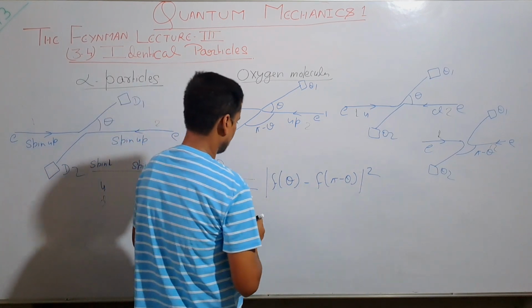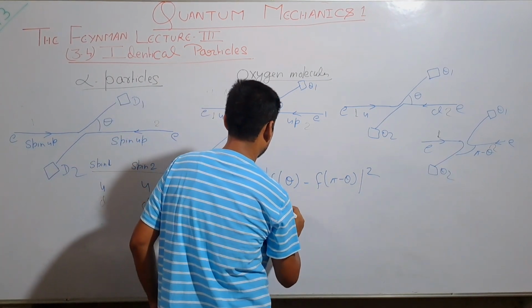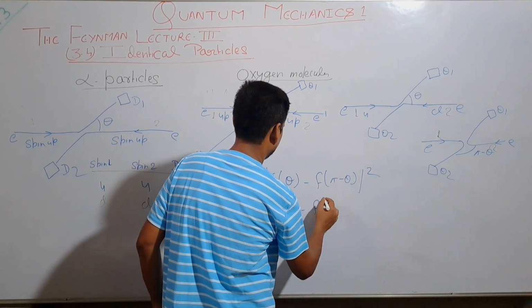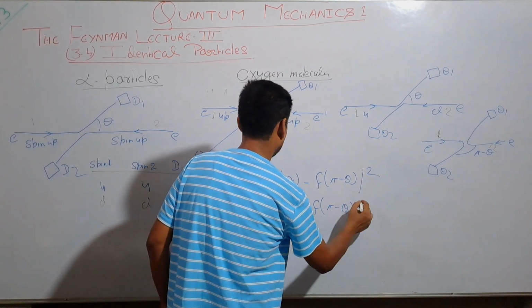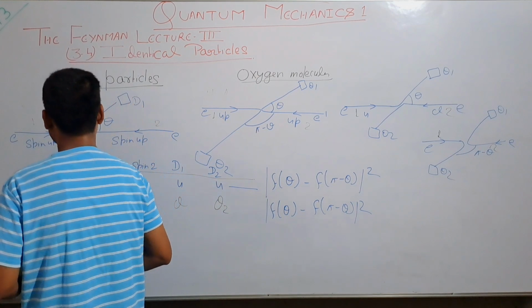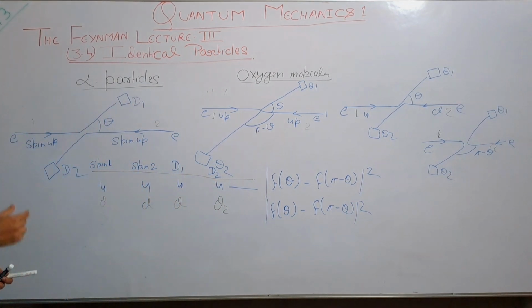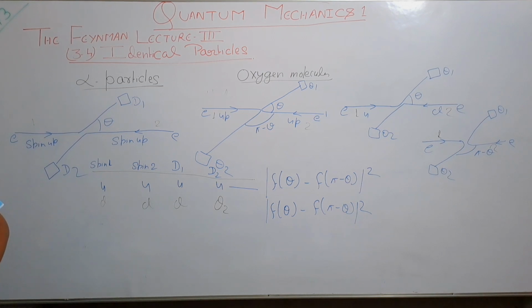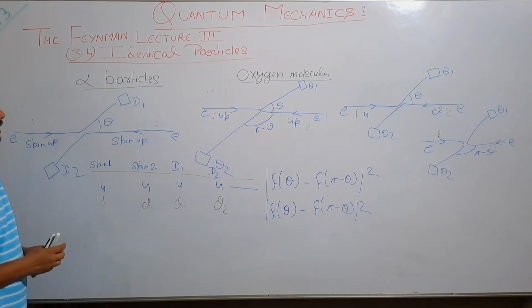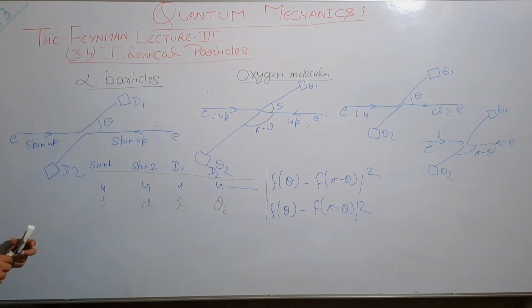Same, (f(theta) minus f(pi minus theta)) whole squared. So in the case when spin was unchanged before and after the collision, the probability of getting a certain particle at D1 or D2 is (f(theta) minus f(pi minus theta)) whole squared.